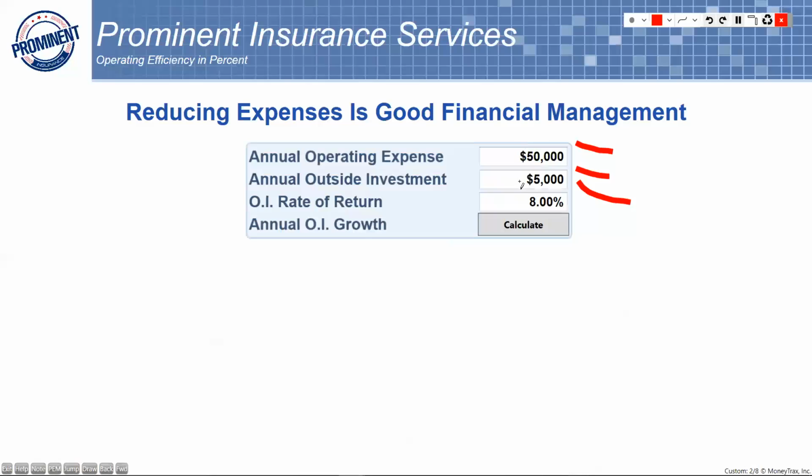You take 10% of your annual operating expenses, which is 50,000, and invest it and get an 8% return. I just want to show you that being more efficient with your current resources, managing your money properly, knowing what's coming in and what's going out, is good financial management.